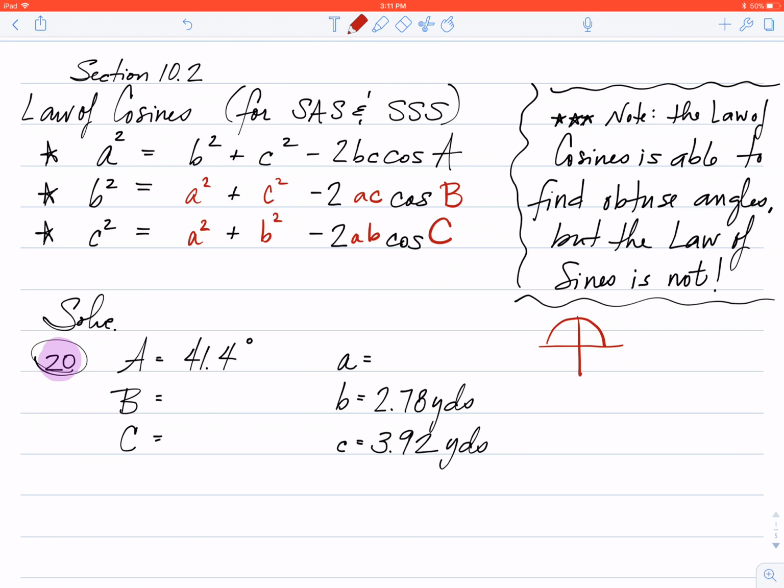Well, I have obtuse angles in the top half of the circle. But if you think back, sine inverse doesn't use any obtuse angles. It only uses positive angles from 0 to 90, and it uses negative angles from negative 90 back up to 0. So the law of sines cannot find an obtuse angle, but the law of cosines can.